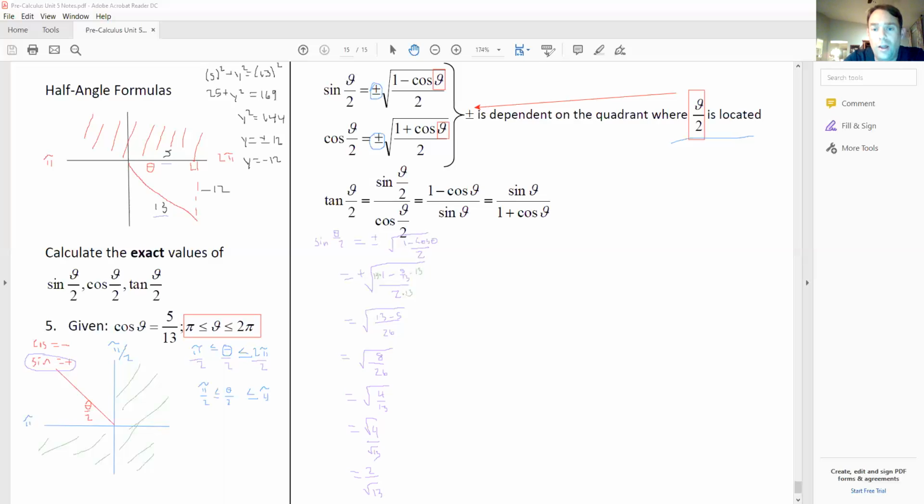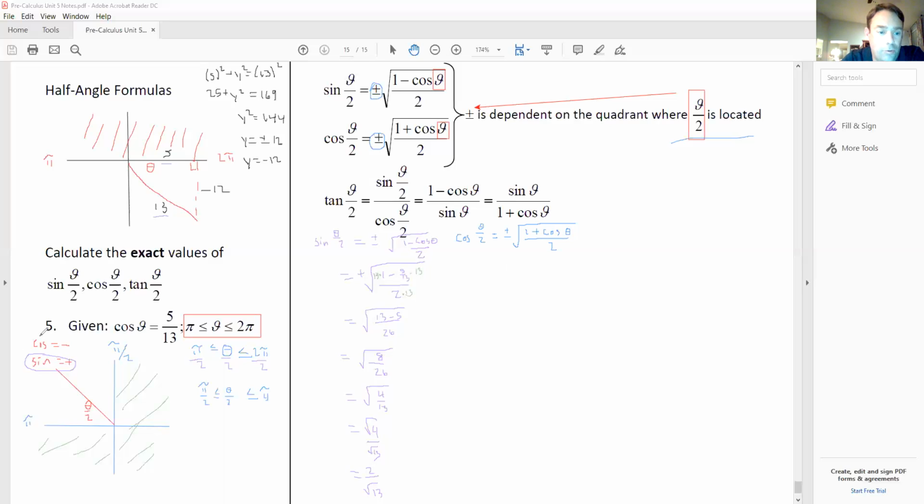What about if we tried cosine of theta over 2? Let's try that. Again, we're going to use our formula here. So plus or minus the square root of 1 plus cosine theta, divided by 2.